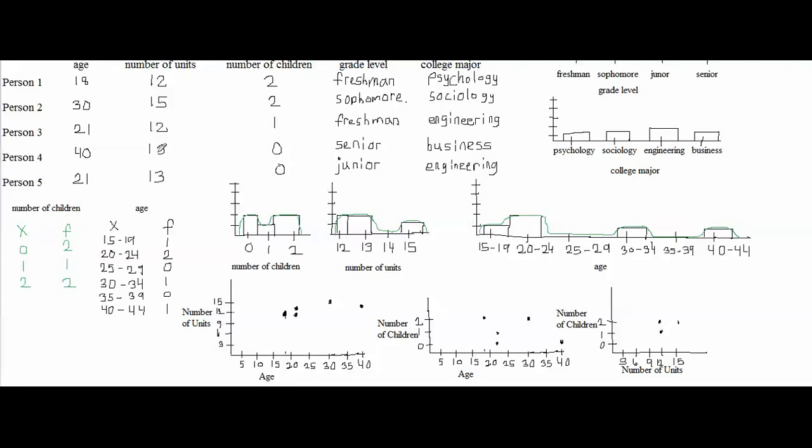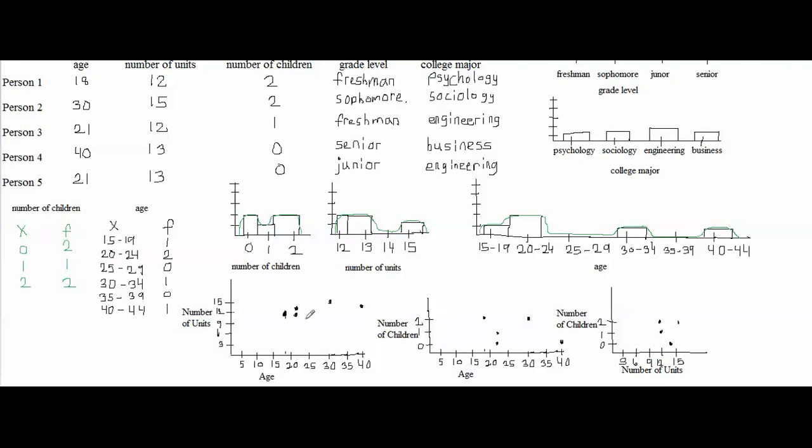Person 4 is taking 13 units and has 0 children. 13 units is about right here, and 0 children is right here, so the dot is about down here. Then the next person is the same, so we actually have another dot right above this dot right here. So that finishes making the 3 scatter plots.